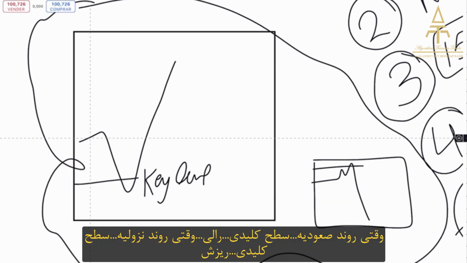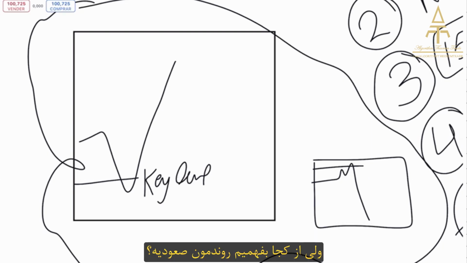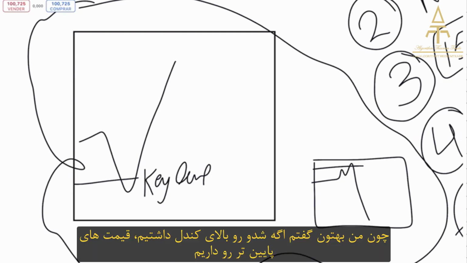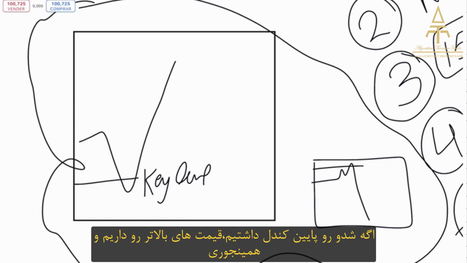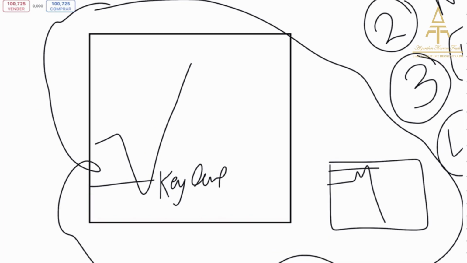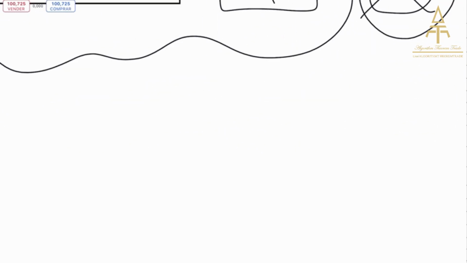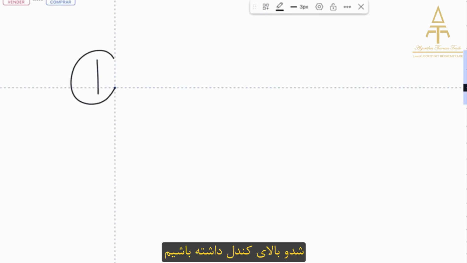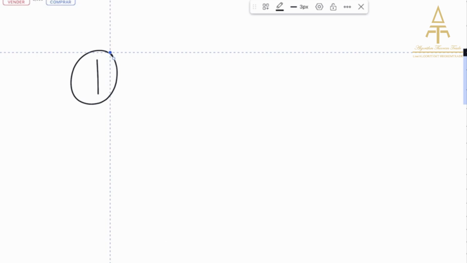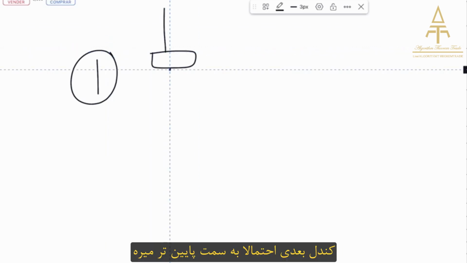When you're bullish, key level, rally. When you're bearish, key level, dump. But how do I know if we're bullish? Because I told you, wick above lower prices, wick below higher prices, and so on. That's how you determine where price is going next. Wick above, next candle probably going to go lower.